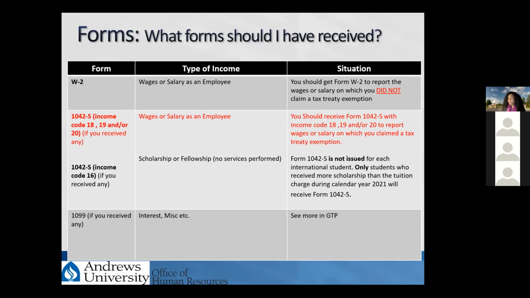So some people might have three forms. They might have W-2, they might have 1042S income code 18, 19, or 20, which is more for the payroll related treaty that you got.